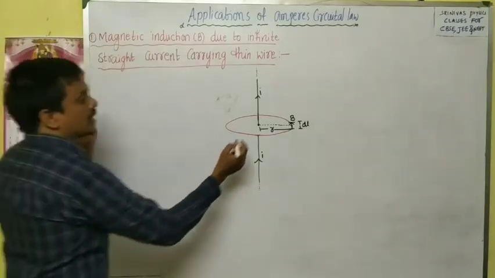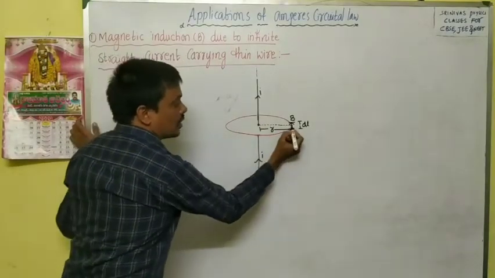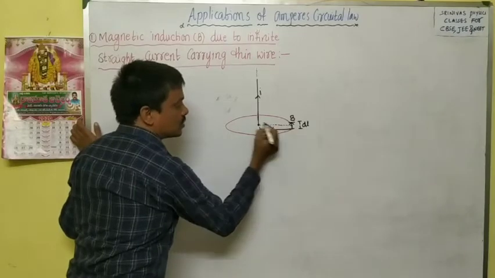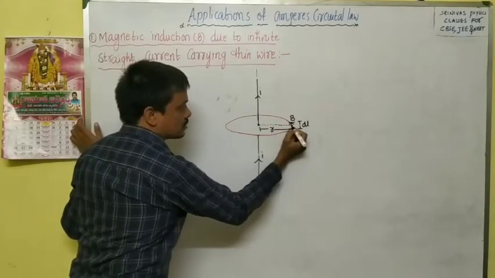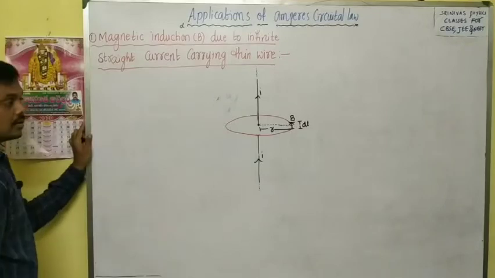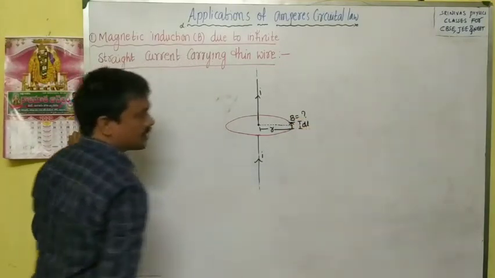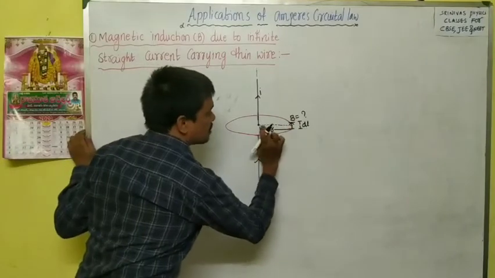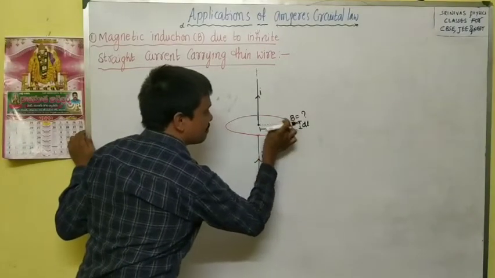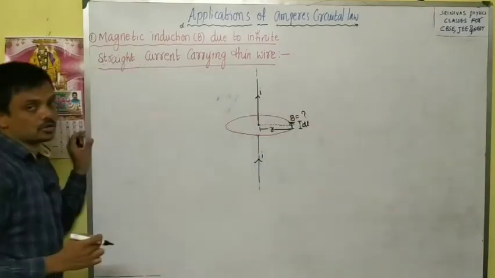Now this is the current carrying wire, and I want to find out the magnetic induction due to this current carrying wire at a distance, smaller r. Here I want to find out this B. I will take r as the radius, then you can form a closed path.